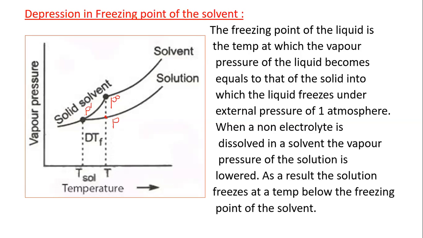So let us see this graph which explains the variation of vapor pressure with temperature. See this first graph for the solvent.